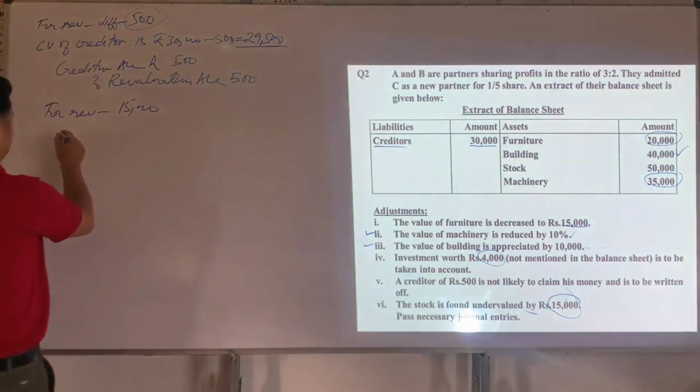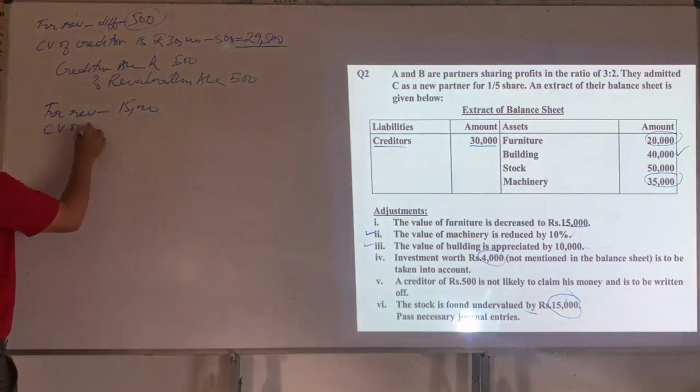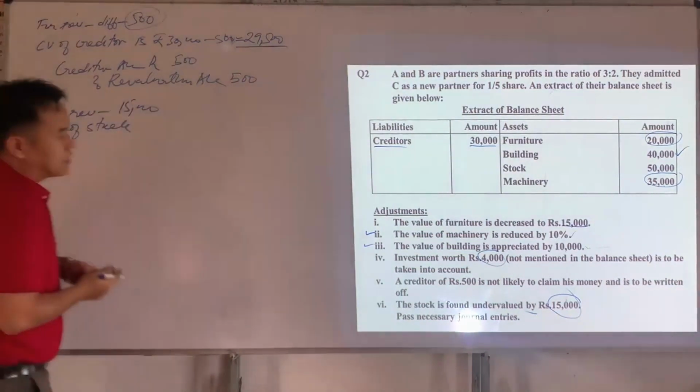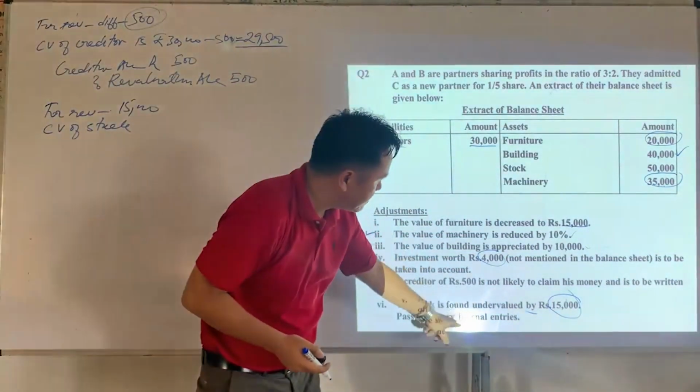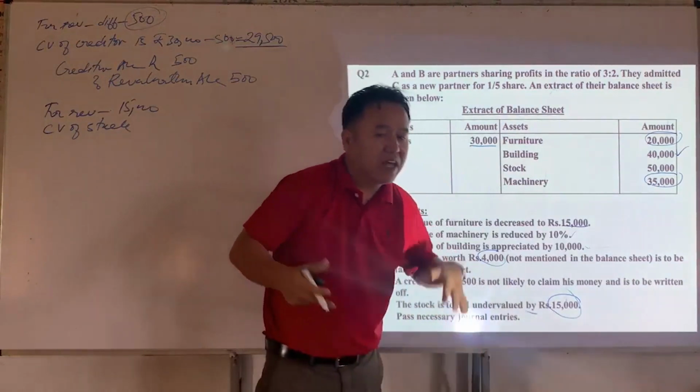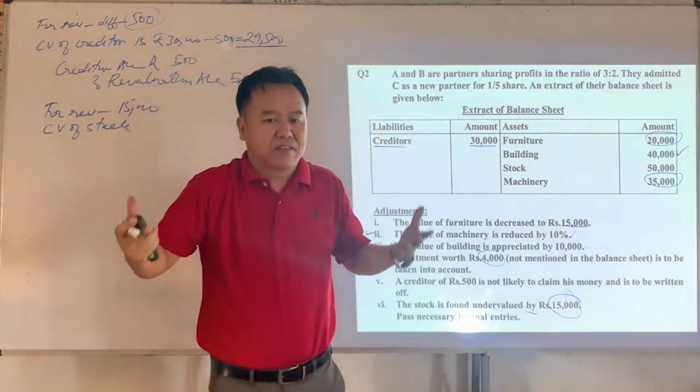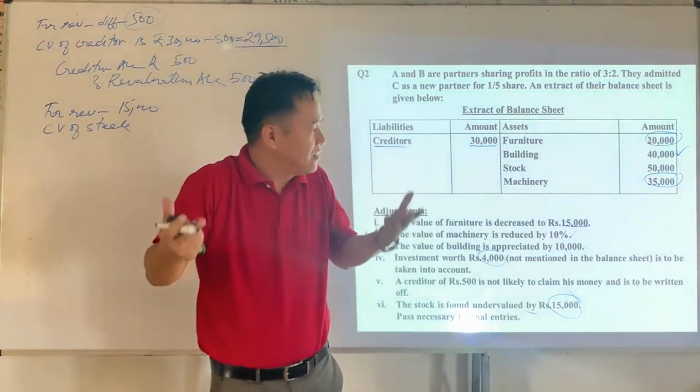Okay. So what is current value of stock? Since by mistake it has been decreased by rupees 15,000, now we have to increase the value of 15,000 in order to rectify the error.